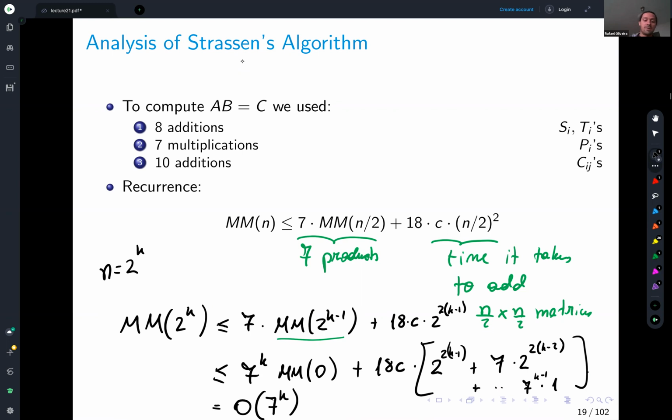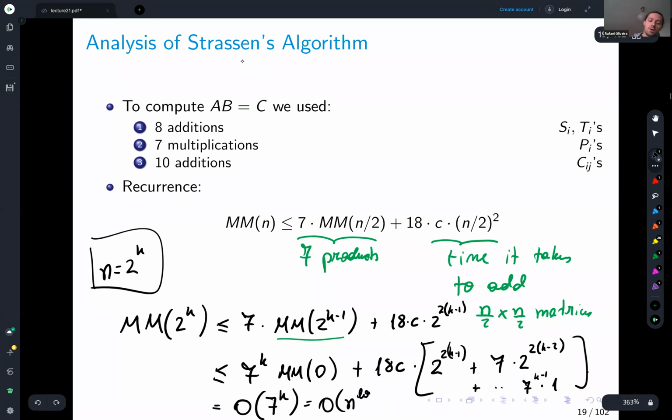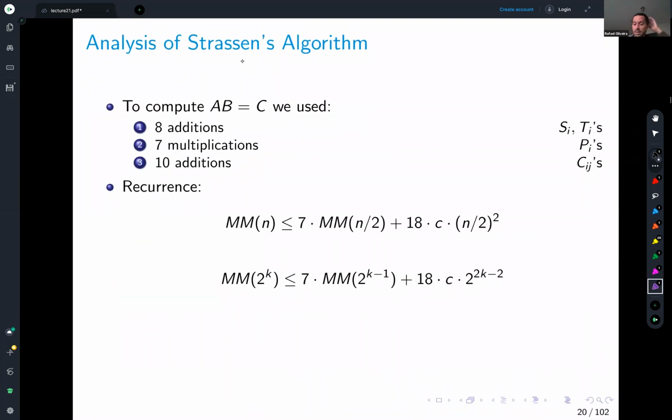But what is big O of 7 to the k? Well, if n is equal to 2 to the k, this is exactly O of n to the log 7 base 2, right? So, all right.